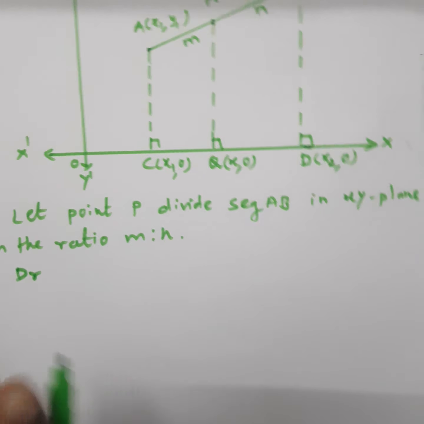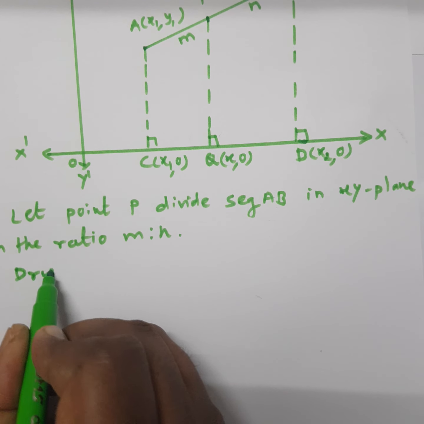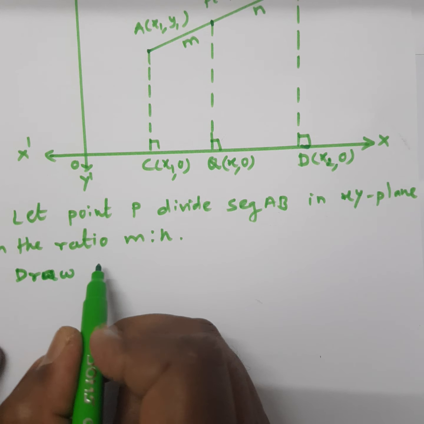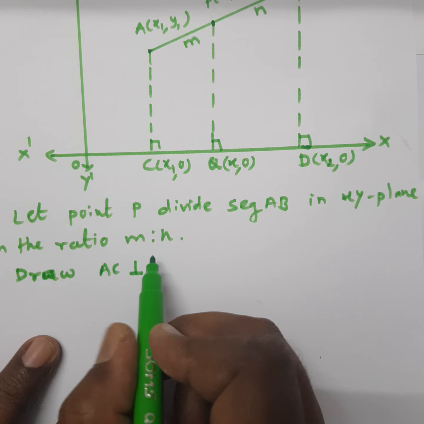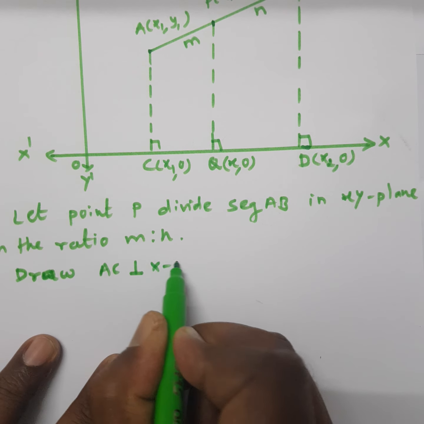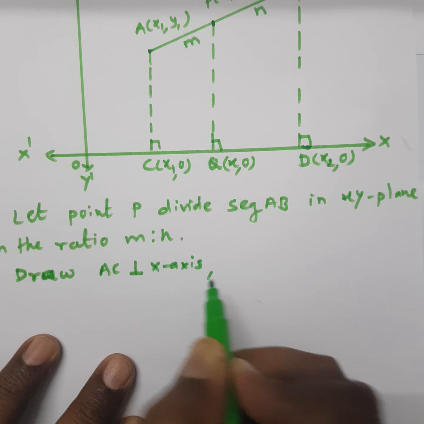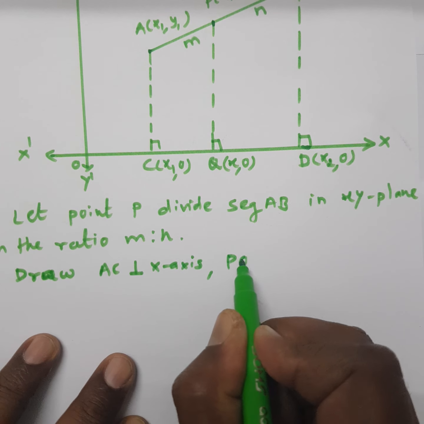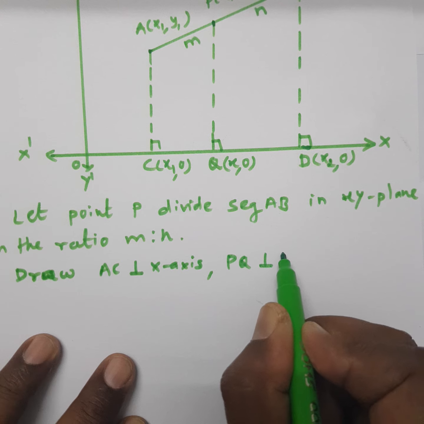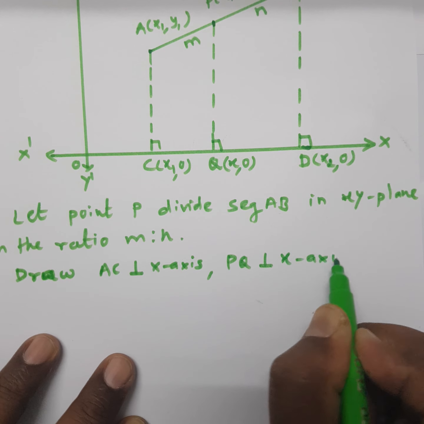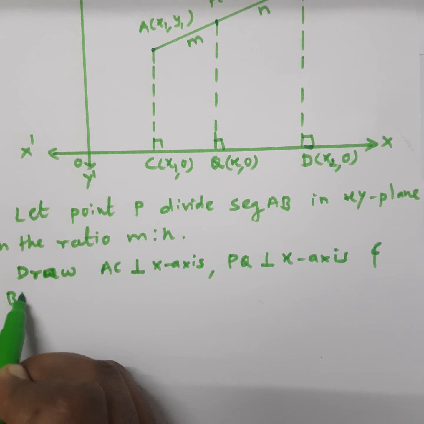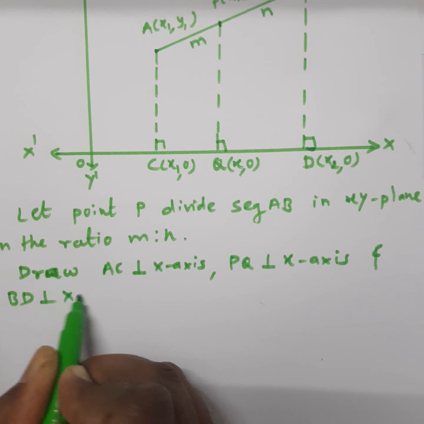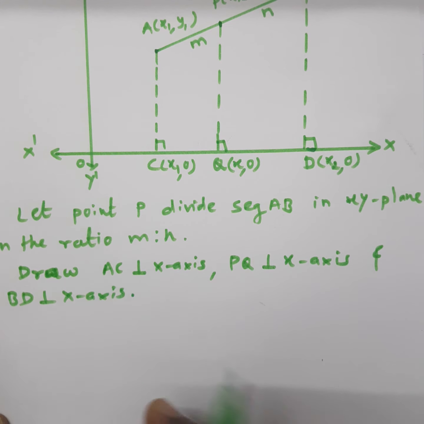Draw AC perpendicular to the x-axis, PQ perpendicular to the x-axis and BD perpendicular to the x-axis.